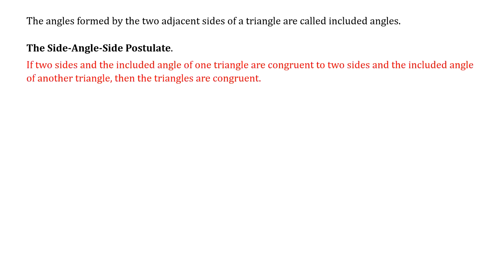The side angle side postulate tells us that if 2 sides and the included angle of one triangle are congruent to the 2 sides and the included angle of another triangle, then those 2 triangles are going to be congruent. The reason we can say that is the sides opposite those included angles are going to be congruent.